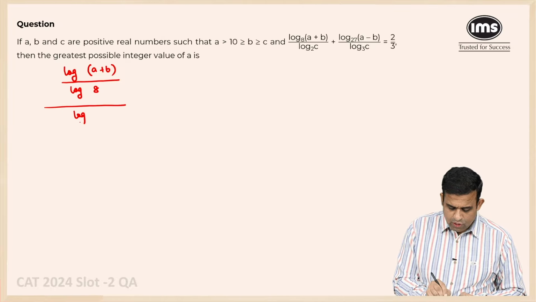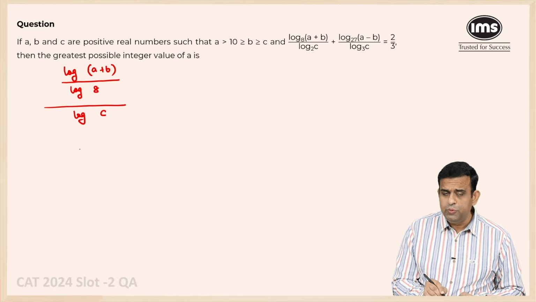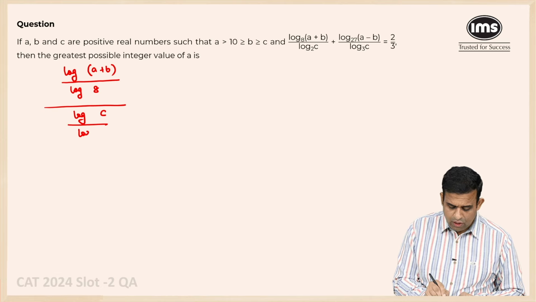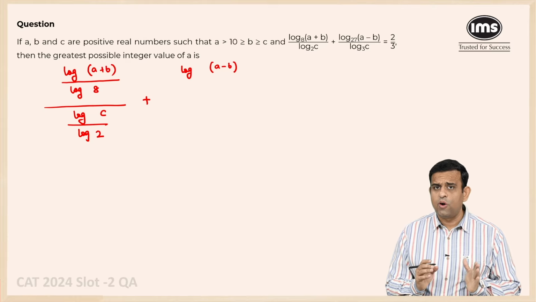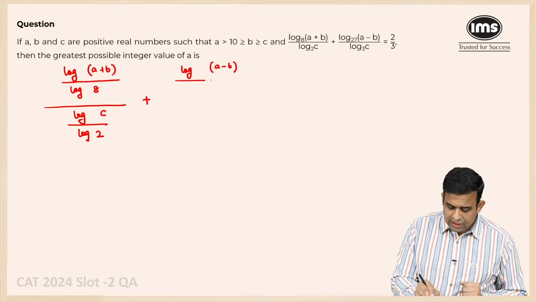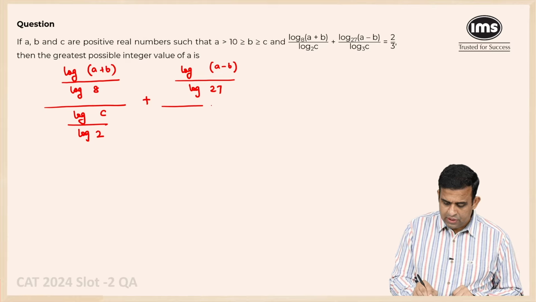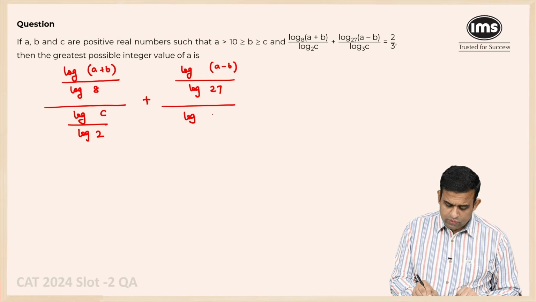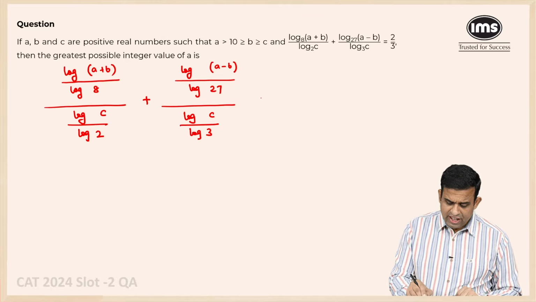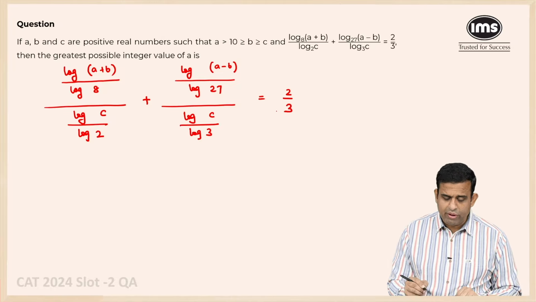Then we have log c base 2, which is log c divided by log 2, plus likewise the term log of a minus b base 27, which I will write as log of a minus b divided by log of 27, divided by log of c to the base 3. So log of c to the base 3, I will write as log of c divided by log of 3. And this sum must be equal to 2 by 3.